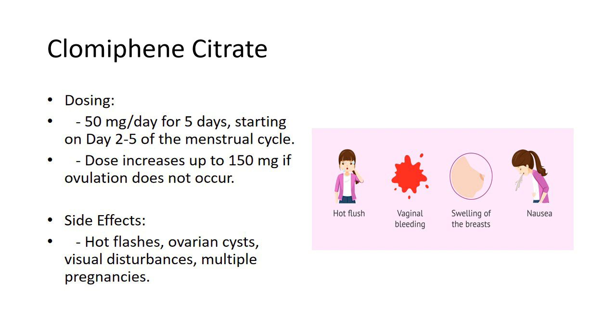Rare: ovarian hyperstimulation syndrome, OHSS. Limitations: not effective in hypothalamic amenorrhea, low GnRH production. May not work in CC-resistant PCOS patients. Switch to letrozole or gonadotropins.